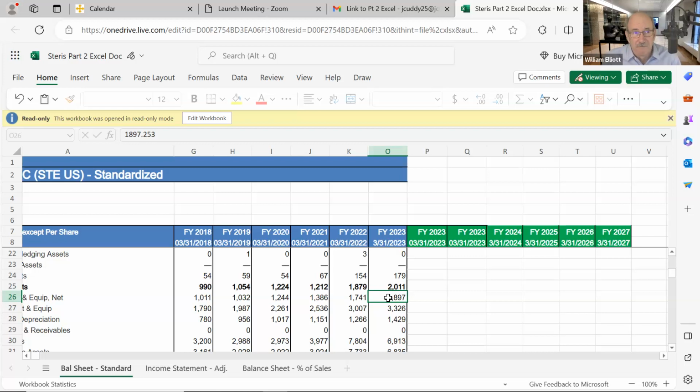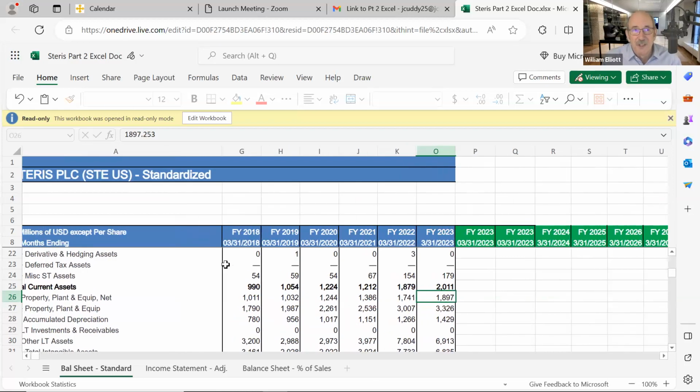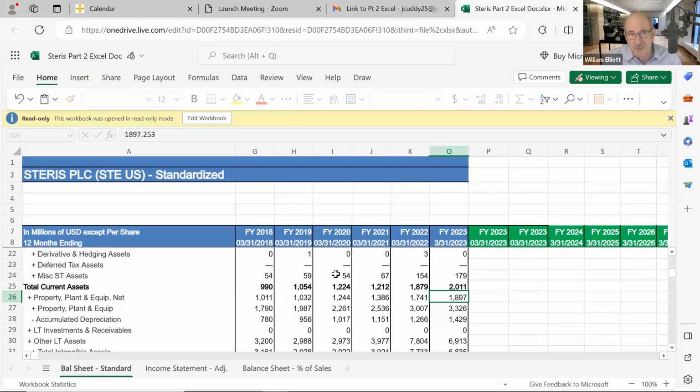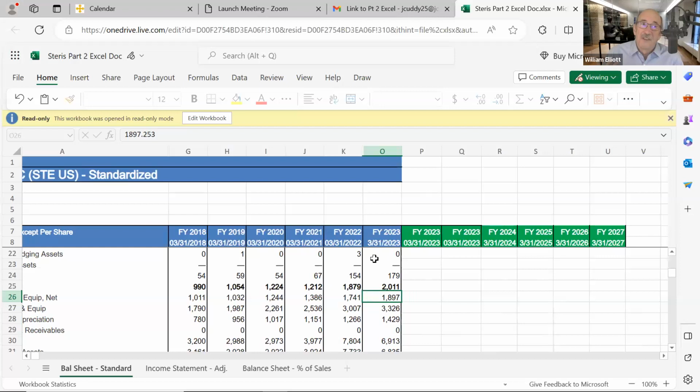So you could have 5 years of growth at nearly 20%. Actually, it'd be a little bit less than that because it's compounding. But you could easily have 5 years of growth at 10% before you need to increase PPE. Now, Steris, though, is not that simplified version of my example.